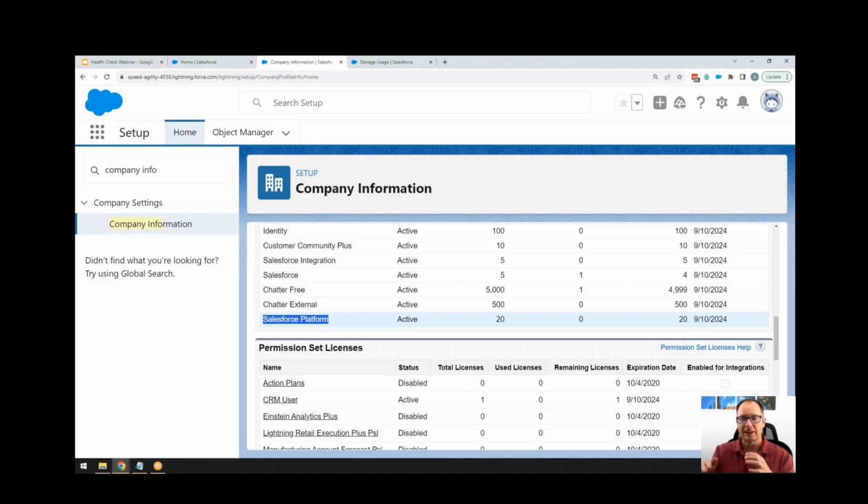Then Salesforce layers on top of that what they call the Sales and Service Clouds. And so the Sales Cloud is platform with a couple of sales-related generic objects. And those generic sales objects are leads and opportunities primarily. There's a little bit around campaigns. So what we're looking for when we go look at the data is, hey, are you using those generic sales features to their fullest extent?